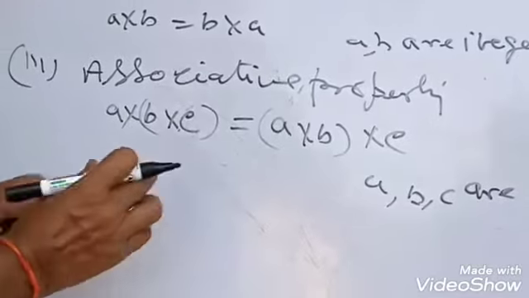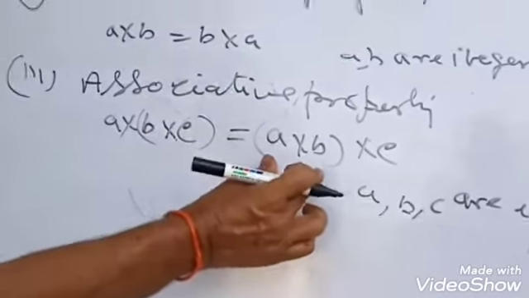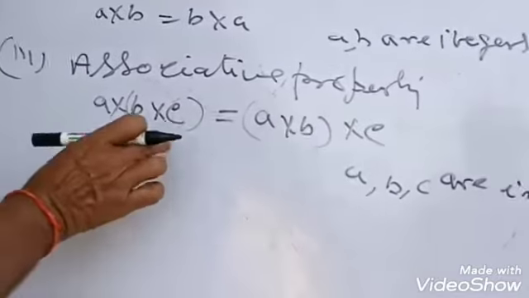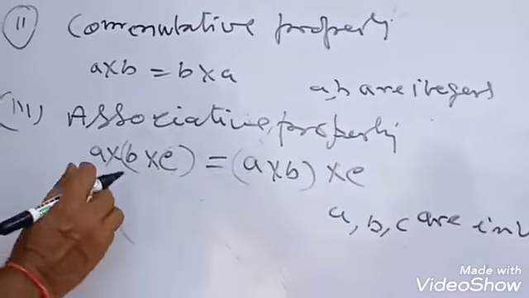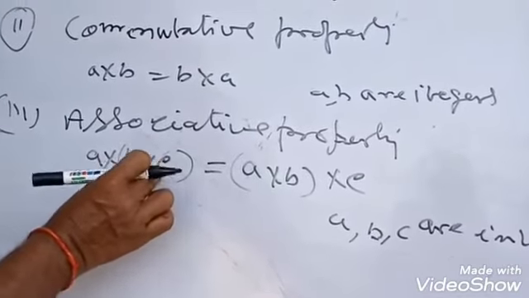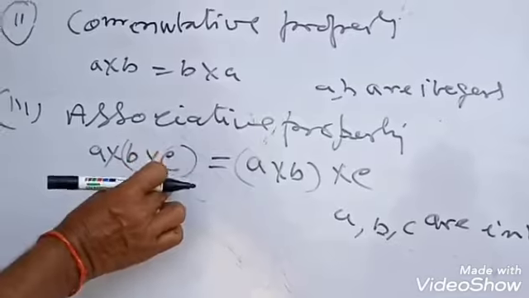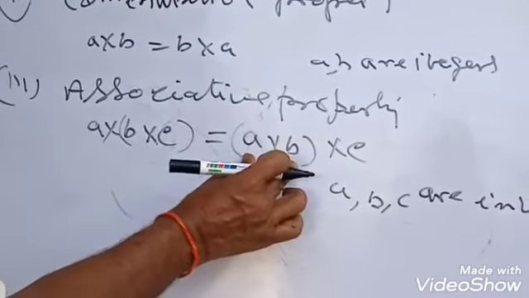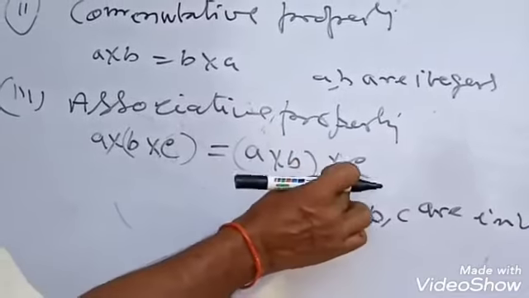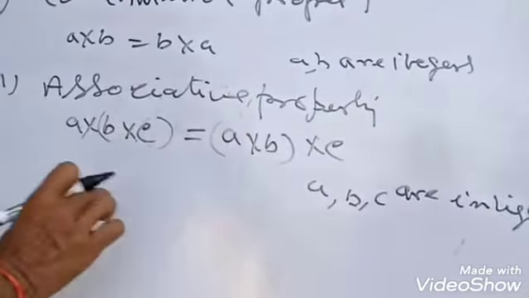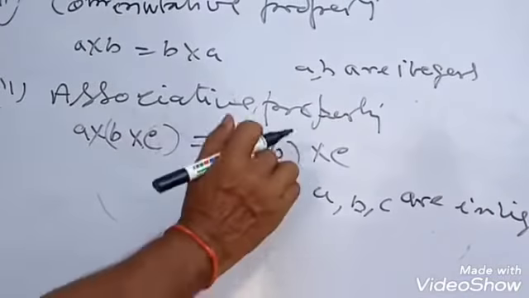Here we can make any group, and after making the group, the value will be the same. When B and C are multiplied and then multiplied by A, or A and B are multiplied and the product is multiplied with C, both values will be the same. This property is known as associative property.